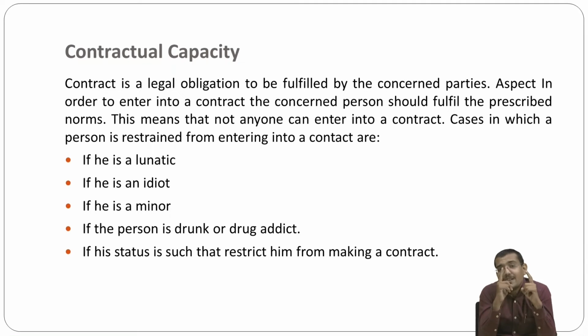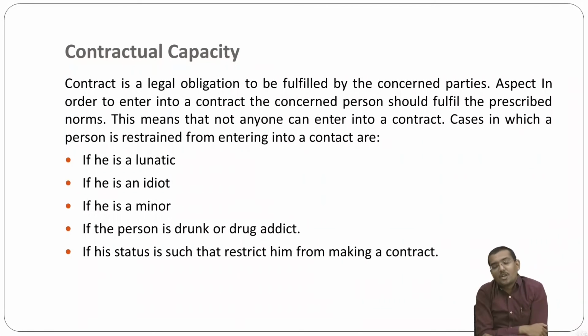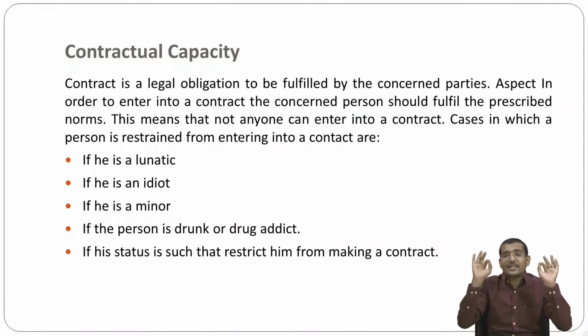This means that not anyone can enter into the contract. The persons restricted from entering into the contract are: a lunatic person, an idiot, a minor, a person who is drunk or drug addicted, and one whose status restricts him from making a contract. So these are the persons who cannot make any contract in any nature.